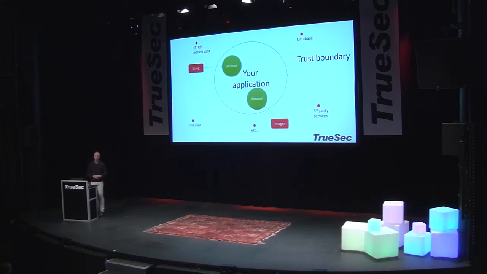Our string will have been translated into a properly validated account object, and our integer will have to become an amount object instead. Because these are domain objects, we know by convention that they're validated, and therefore we trust them. So when you use domain-driven security, you automatically get data validation everywhere, not only in the places where you think that you need validation.